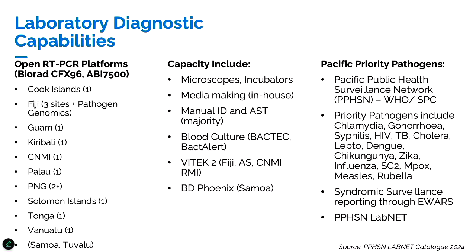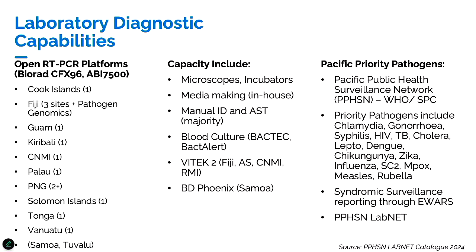And in terms of the diagnostic laboratory capability in the Pacific region, it does vary, because you're looking at a population in Niue of 1,500, to a population in PNG of about 17 million people. We do have some open RT-PCR platforms in the region, and that increased rapidly during the COVID-19 period.